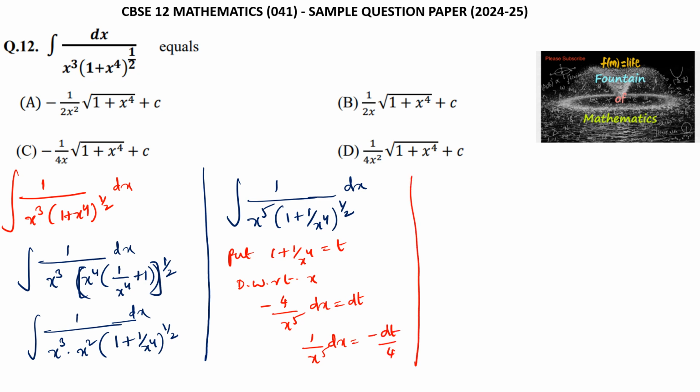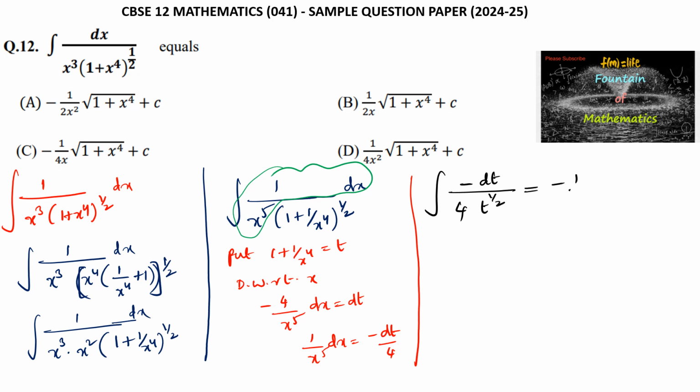So on simplifying, we can get the integral, where dx upon x power 5 can be taken as minus dt upon 4, and 1 plus 1 upon x power 4 is t, so t to the power of 1 by 2.